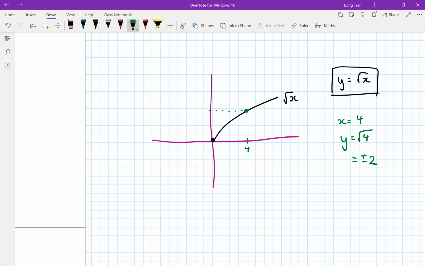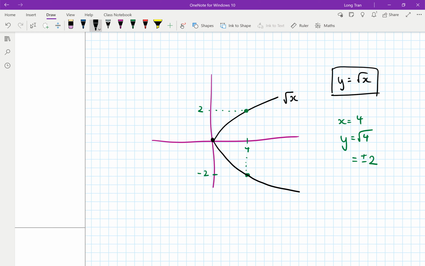True? So not only is it 2, it could potentially also be negative 2. But then why don't we see that point on this graph? That's because when I'm teaching you the square root function, if I drew this part here, this would no longer be a function.